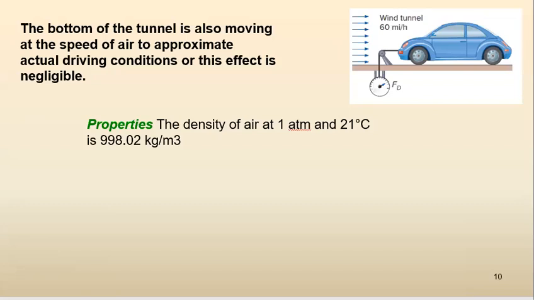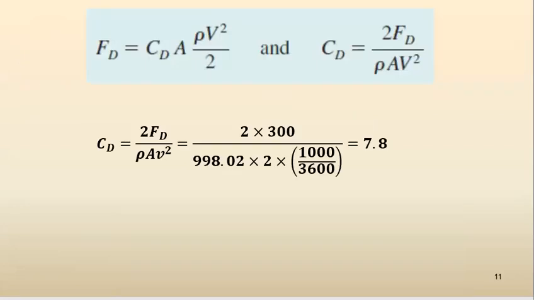So how do we calculate the drag coefficient? The drag coefficient can be calculated using this equation, because this is a general equation to calculate drag force. The drag coefficient is equal to 2 times force divided by rho A V squared.